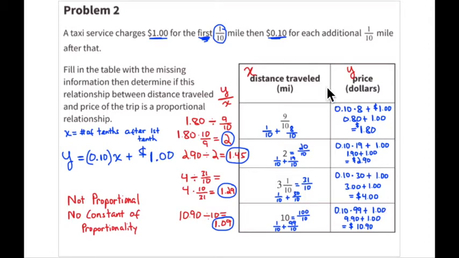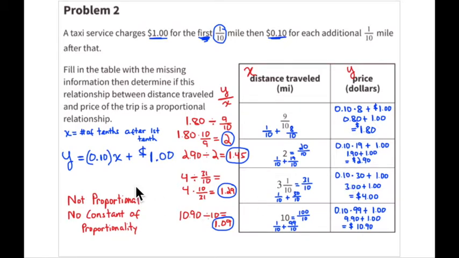Now, the number of tenths that you travel after that first tenth, that is proportional to the price. It's 10 cents for each 1/10 of a mile. So the number of tenths that you travel afterwards, 8 tenths, times 1/10. 19 tenths times 1/10 of a dollar. 30 tenths times 1/10 of a dollar.